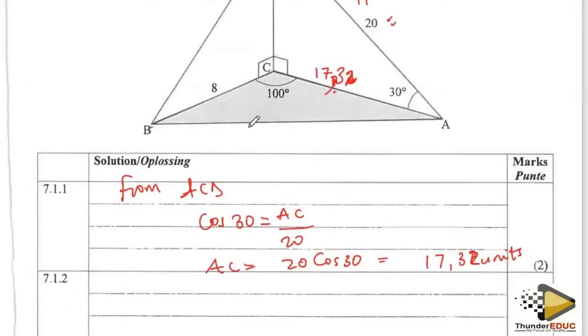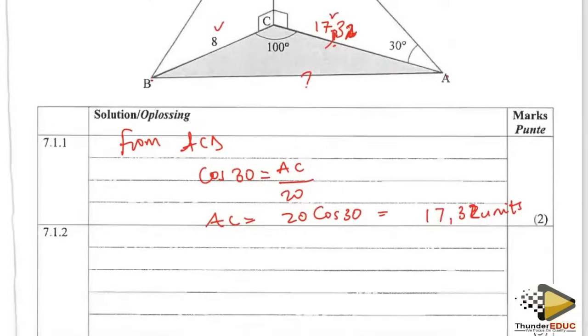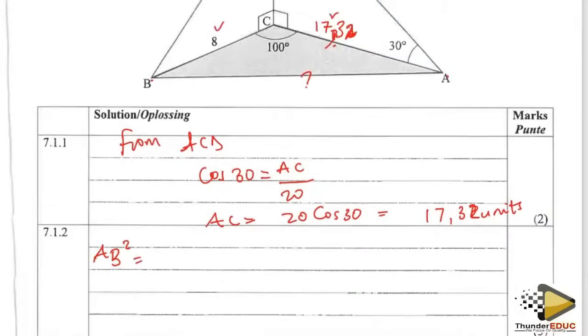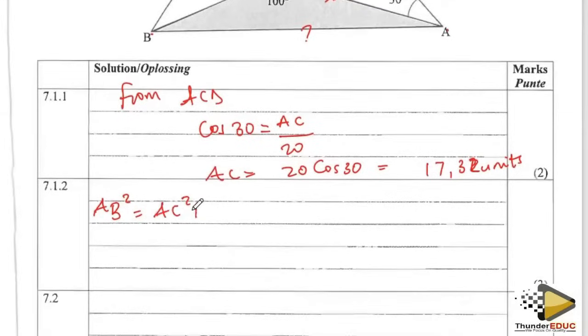For me to get my AB, I need to use the bottom triangle. And which rule am I going to use? Let me use the cosine rule since I have two sides. I'm going to say that AB squared is going to be the same as AC squared plus BC squared minus twice AC times BC times the cos of BCA, or ACB.